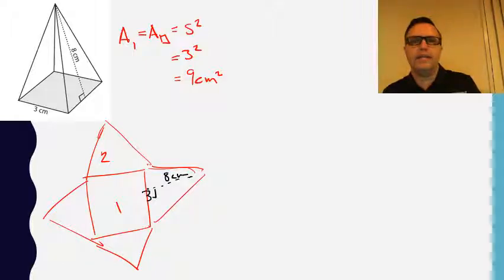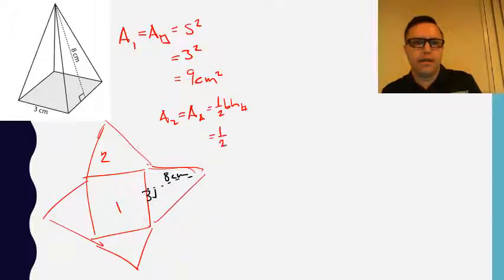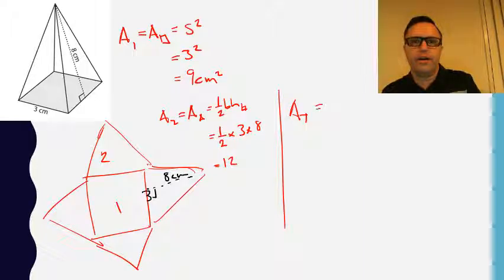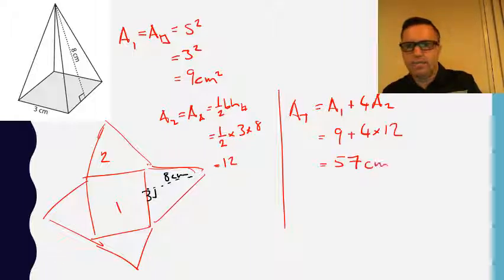So area 2 is equal to the area of a triangle, which is half base times perpendicular height, which is half times 3 times 8, which is 12. Lastly, our total area will be equal to area 1 plus 4 lots of area 2, which is 9 plus 4 times 12, which is equal to 57 centimeters squared.